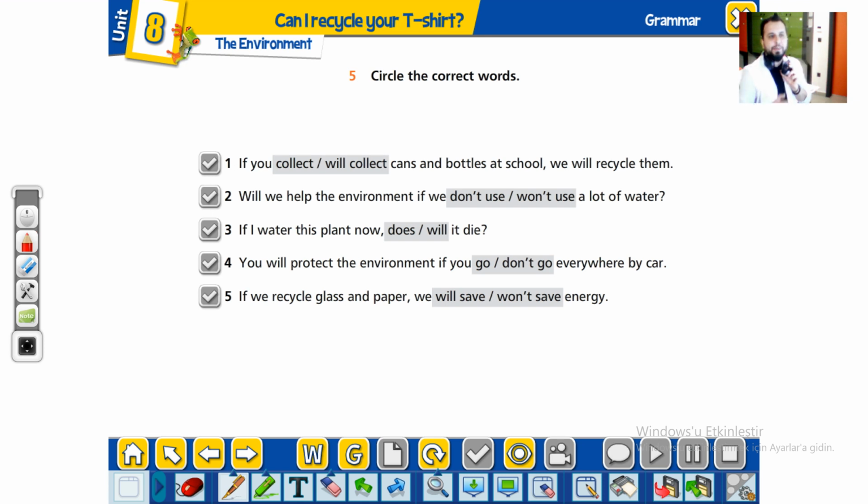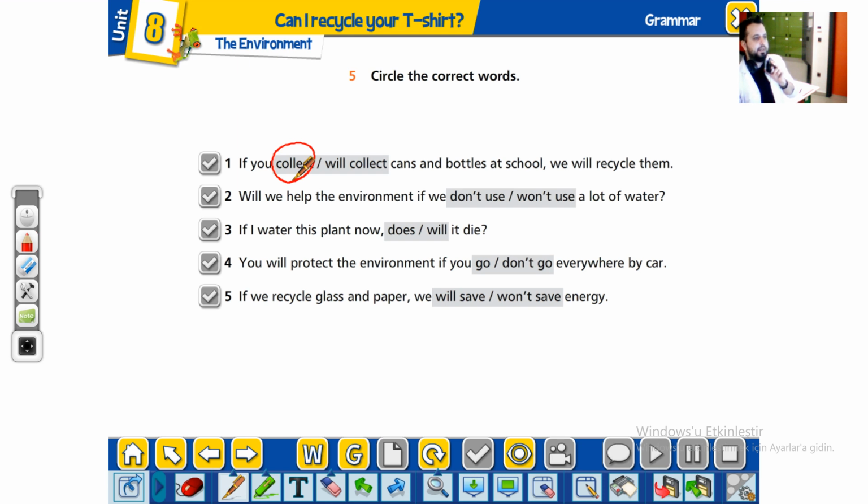We use future simple in the second part. So we are going to circle collect in here. If you will collect, we can't do that. In the first conditional, type 1, in the conditional part, we are going to use simple present tense. Let's look at the second one.